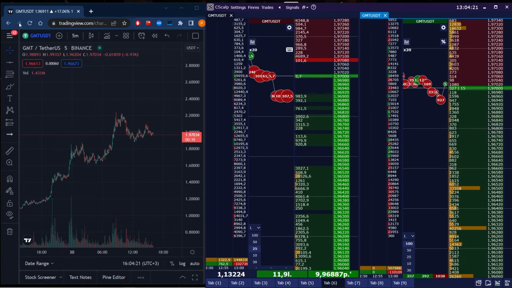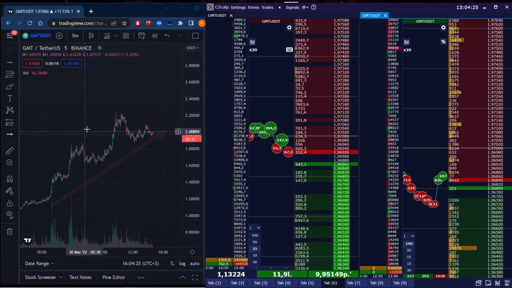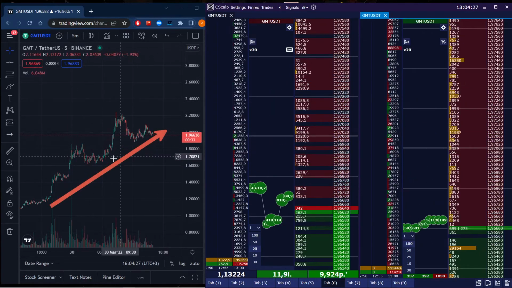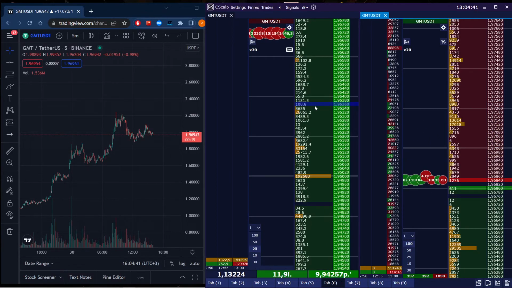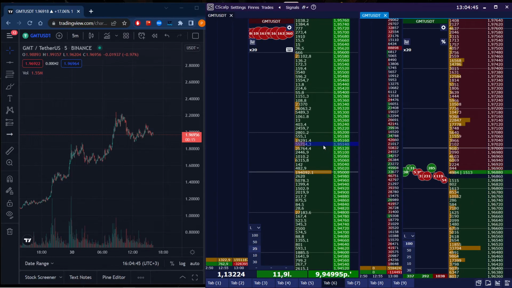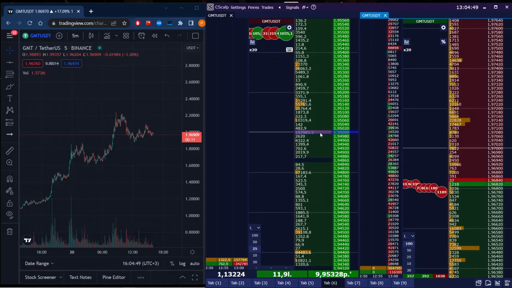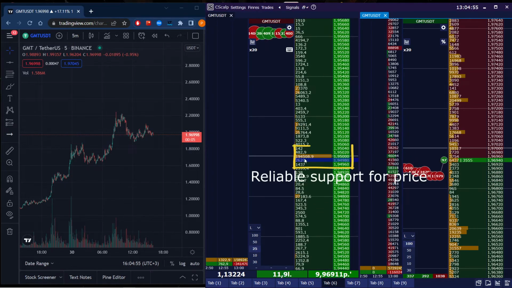Next instrument is GMT USDT. Here we see the same situation of uptrend movement, very strong uptrend movement. It would be better to enter the market from this level, 1.95. It's a round place where we noticed huge amount of limit orders.